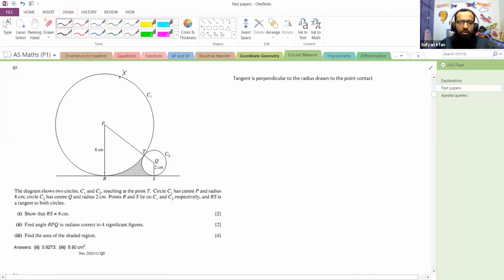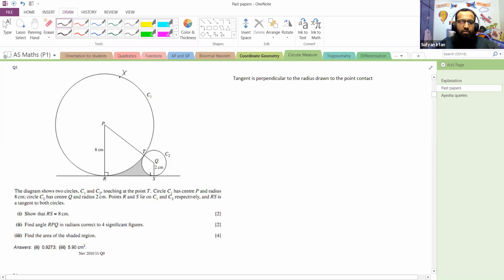So radius is perpendicular to tangent from both sides, because the line is straight. On a straight line, angle sum is 180. This is also 90. This is also 90. But we do not require the other side, so let's not take it right now.